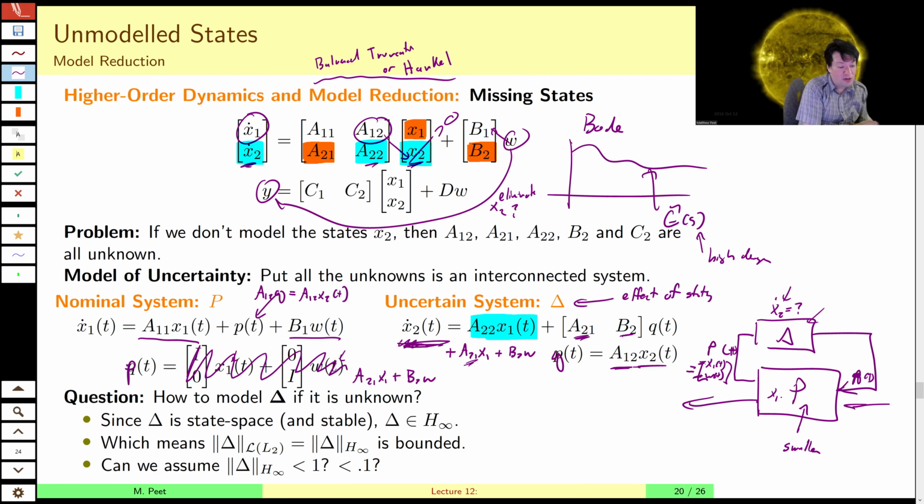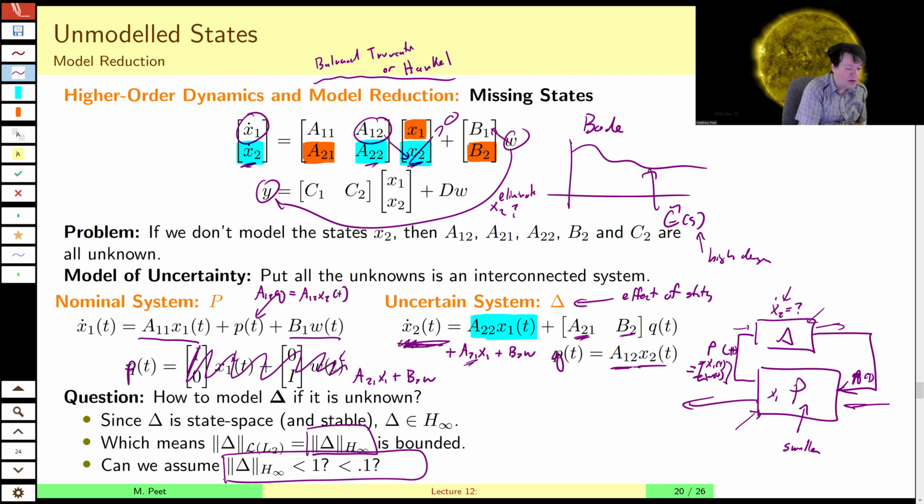And then if they really don't matter too much, we can just bound the norm of them. So we figure out the size of the map between the inputs and the outputs here, and we can say that it has some finite H infinity norm, which we know. And then we can design controllers for this system, knowing that there's a little bit of uncertainty in that delta, unstructured uncertainty, or more or less unstructured uncertainty.